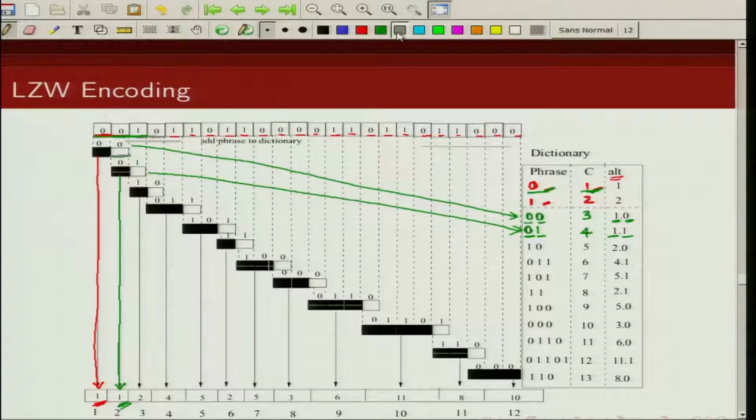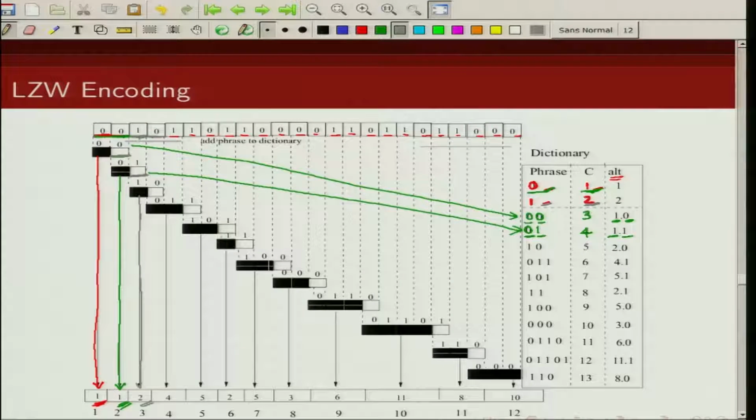So we are at this point here, 1. Now 1 0 is not there in the dictionary, so we are only going to encode 1. And 1 corresponds to code word 2. So far we have encoded 0 0 1, that is code word 1, code word 1 and code word 2.